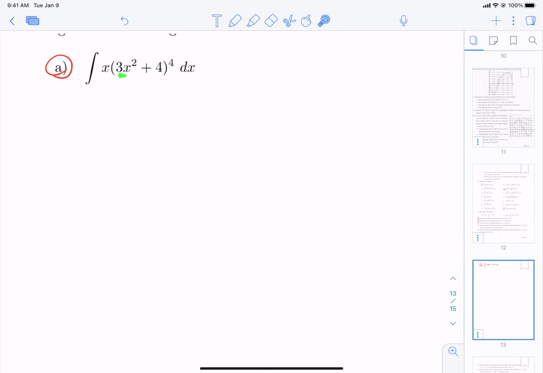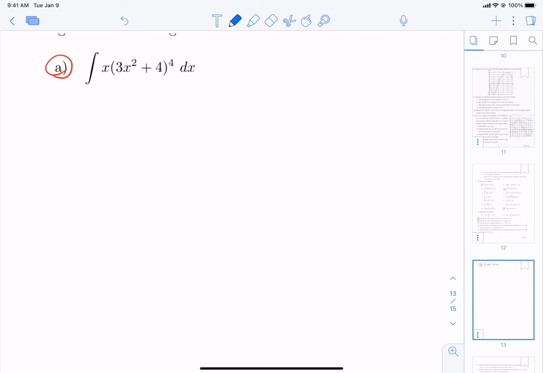Since this is trapped, you don't want to have to take that thing out to the fourth and multiply by x and then finally get to do an antiderivative. Since it's trapped, you need to check to see if it's a possible u substitution. This is the way you know whether u substitution is going to work. Is this 1 degree higher than what's outside? So it's probably a u substitution.